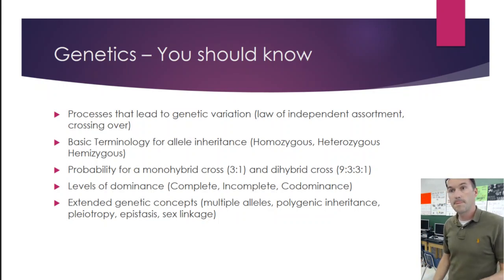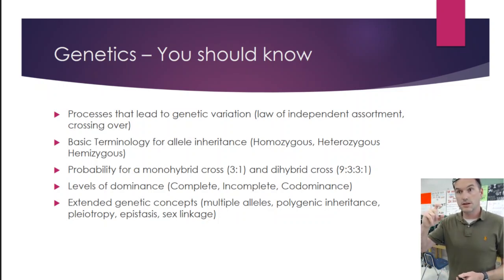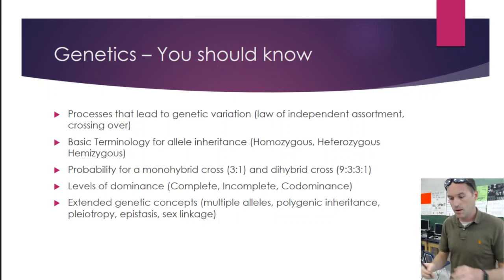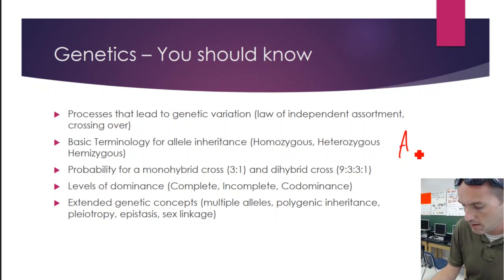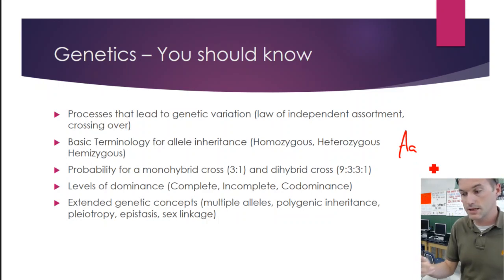What's hemizygous? The one under the basic terminology. Hemizygous means that they only have 1 copy. So in the case of sex linkage, if you are a male, and that allele is on the X chromosome, you would only have 1 allele. So if we did big A, little a, that would be heterozygous, right?